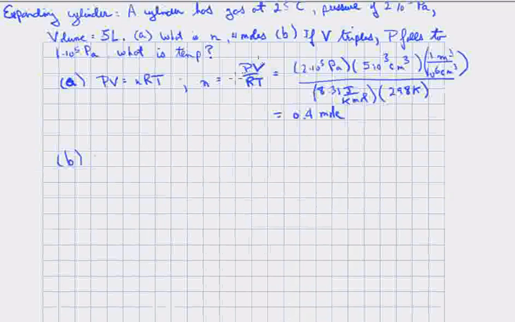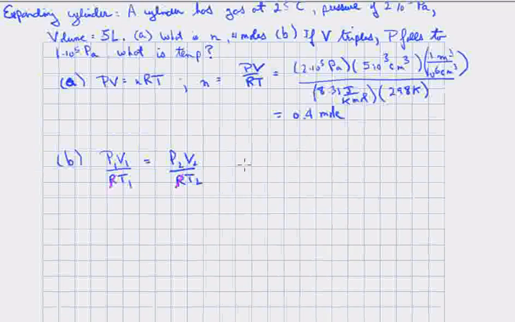So basically I can set P1 V1 over RT1 equals P2 V2 over RT2. You can see that the R's cancel there. And we want to solve for the final temperature.